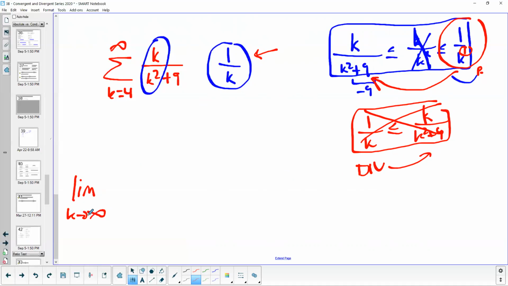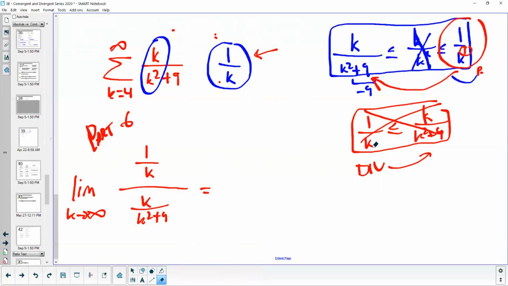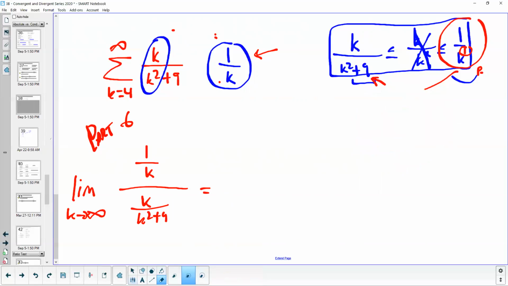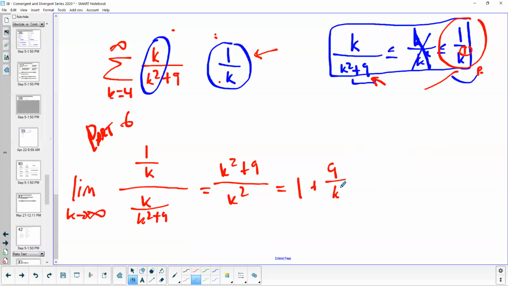We look at the limit as k approaches infinity of these two series. With limit comparison test, you always want to put the more complicated of the two in the denominator. If you have not watched video 6, this is probably not going to make a lot of sense, so video 6 goes over the limit comparison test in more detail. Once we simplify, we have a fraction of a fraction, which simplifies to k squared plus 9 over k squared, which simplifies even further to 1 plus 9 over k squared.